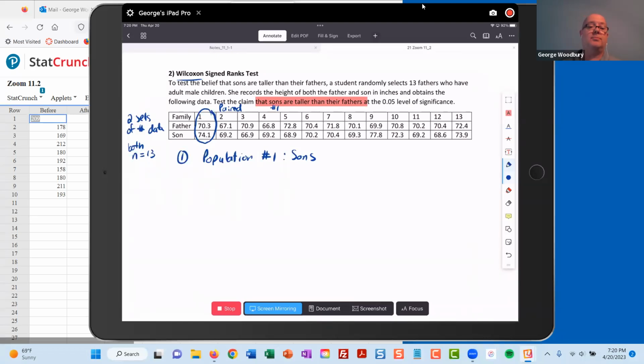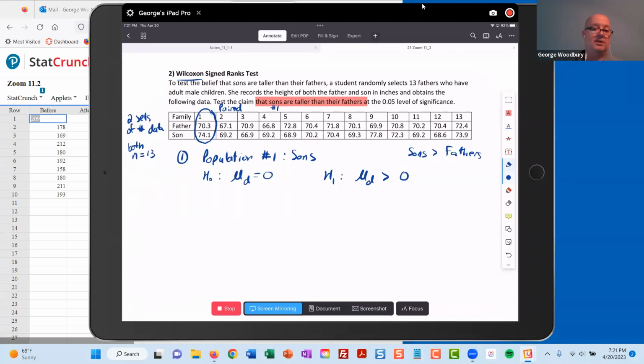So if we let population 1 be the sons, the null hypothesis, again, is mu D equals 0. And for H1, I need to figure out what sign goes in there. And so again, if I list sons first and fathers second, it says sons are taller than their fathers. That means to use the greater than sign. And we use the same thing in H1.